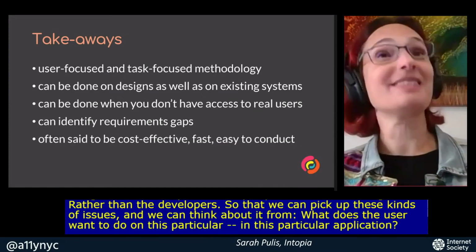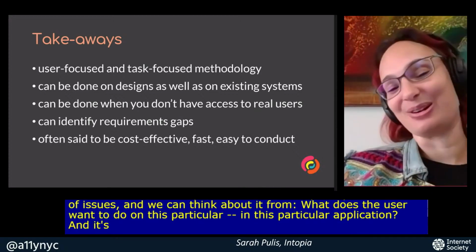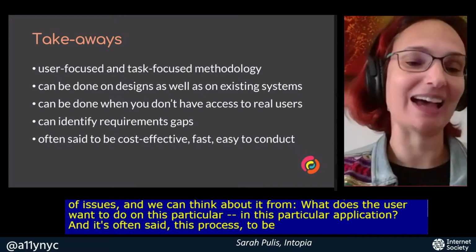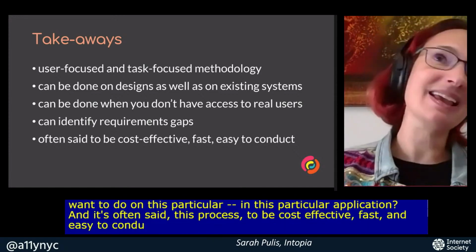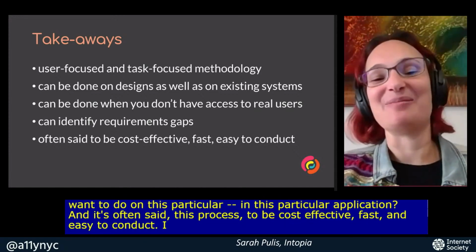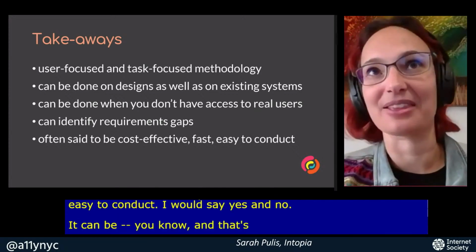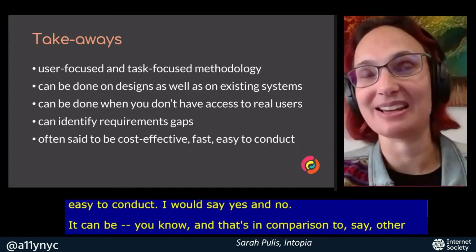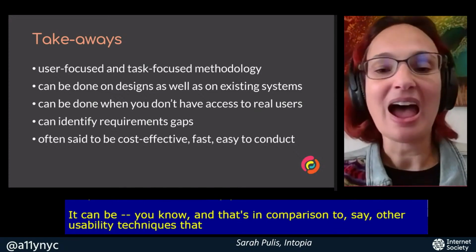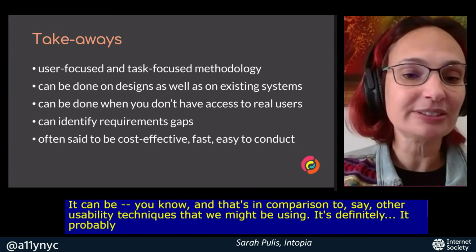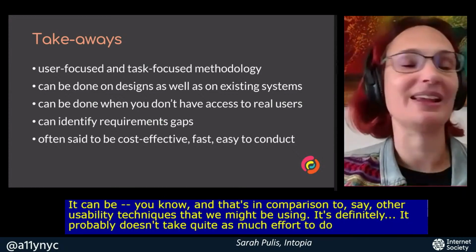It's often said this process is cost effective, fast, and easy to conduct. I would say yes and no. It can be, in comparison to other usability techniques that you might be using. It probably doesn't take quite as much effort, and you could do it fairly quickly.